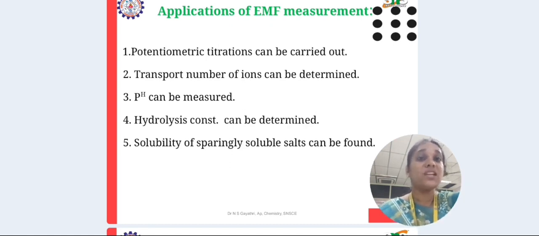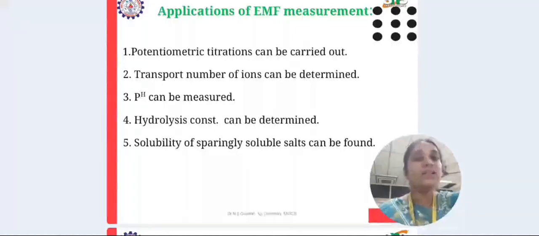The pH is an important factor in water or any other sample solution, and it plays a major role in the reactions we carry out. The pH can be measured through EMF measurement. It is very beneficial for titrations and for the sample we have taken.